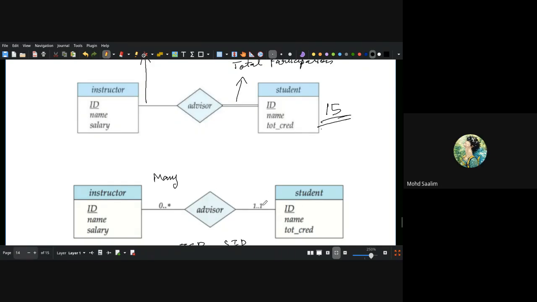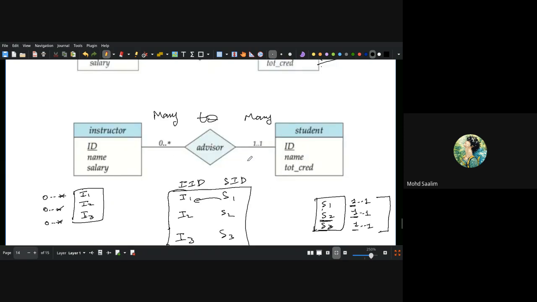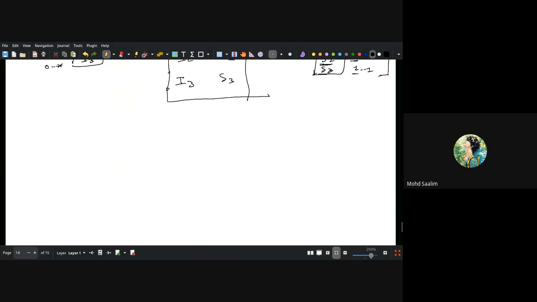When you see 1 here, there is a 1 here, so it is a many to one relationship. If you see star here, there is a many here, which means it is a many to many relationship. Simple. Got it? Maybe in exam sometimes this notation can come. That's why I took the hassle, and took this much time to explain this.